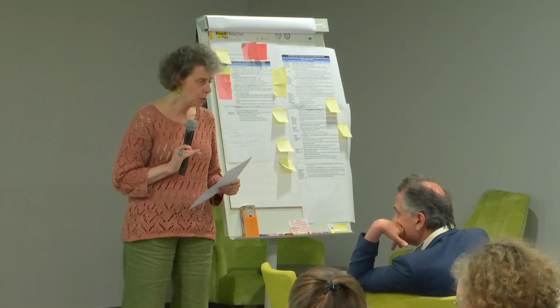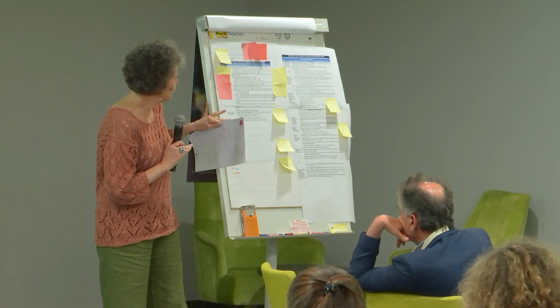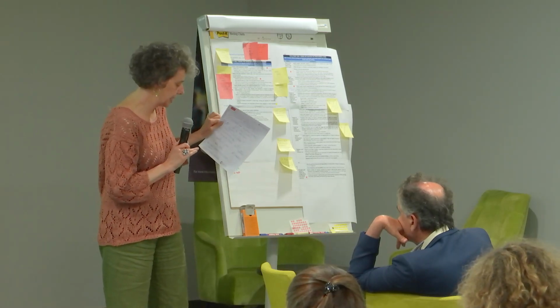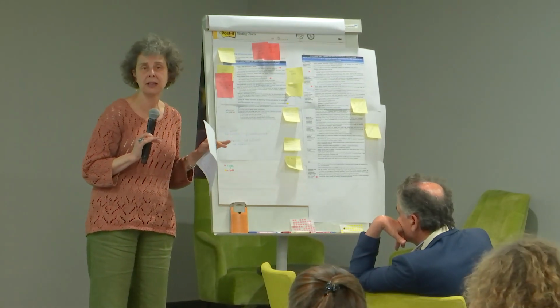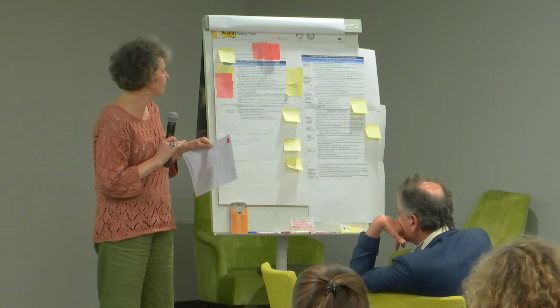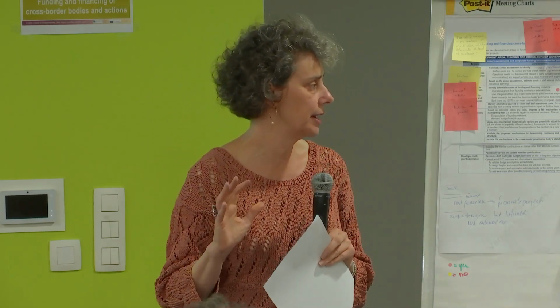I think points that came out that people really agreed with on the first goal about ensuring stable funding for the organization itself was doing a needs assessment and identifying different sources of funding and financing.